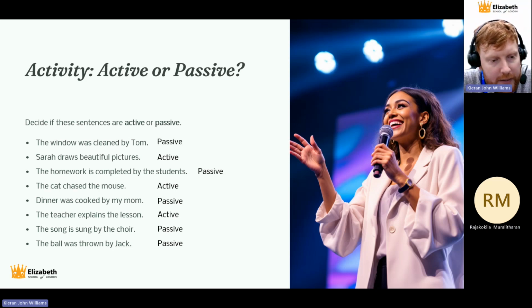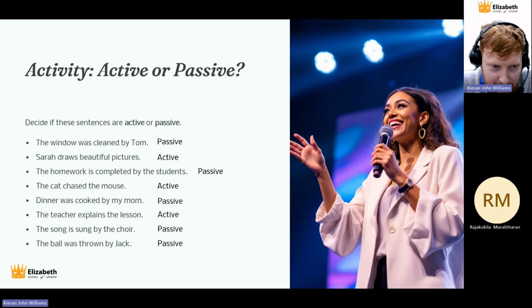Okay, so what do we think about this next one? The homework is completed by the students. I think 100% passive. You are correct. Very good, because it is object, verb, and then the subject. Next, the cat chased the mouse.